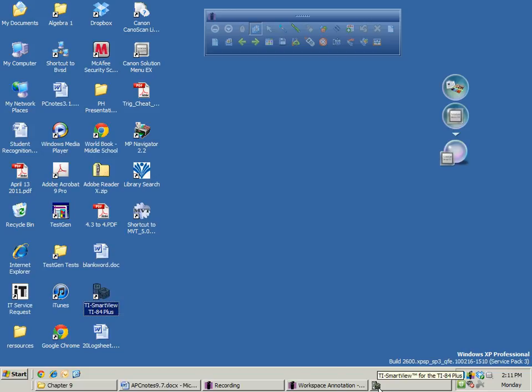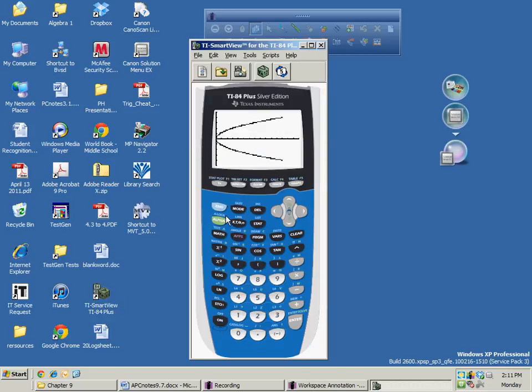Say I want to graph like, oh, it's right here. So, if I go in here, and I go x equals like 3 cosine t, and y equals 3 sine t.